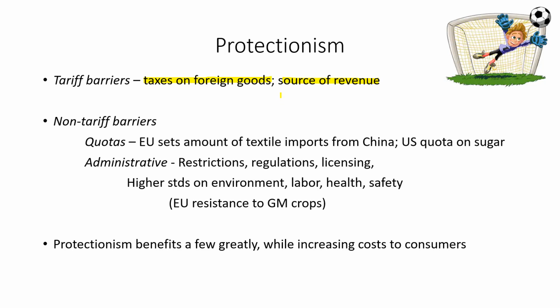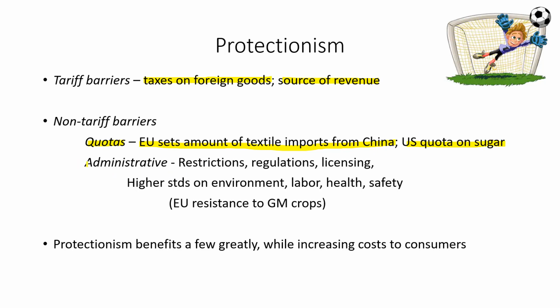There are other non-tariff barriers as well, such as setting quotas. For example, the EU sets the amount of textile imports from China. The U.S. has quotas on sugar. Talk about that again in just a second.